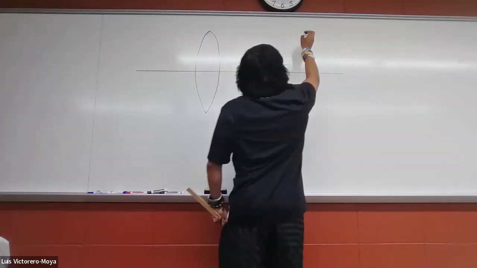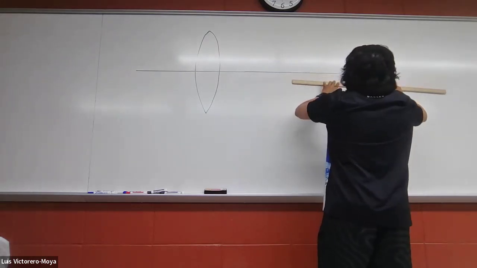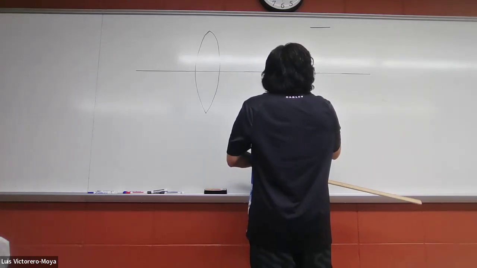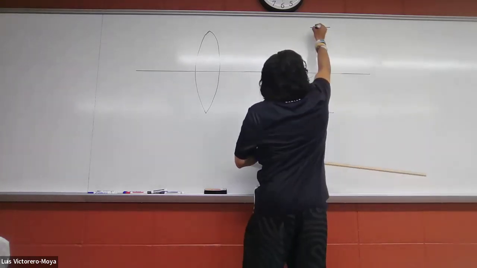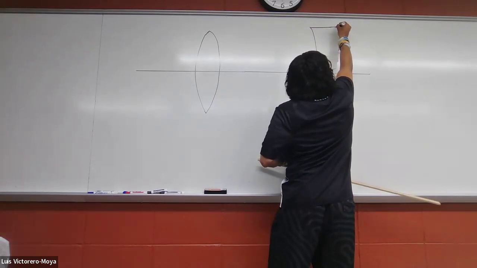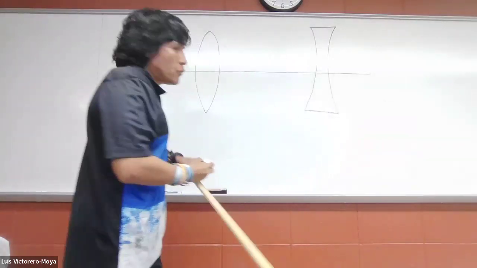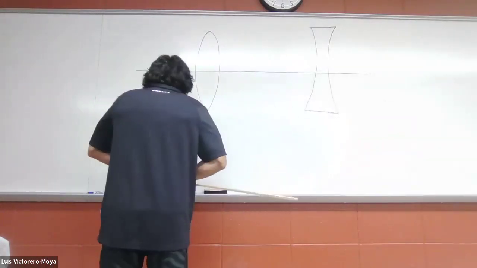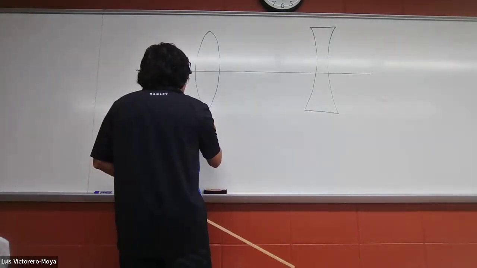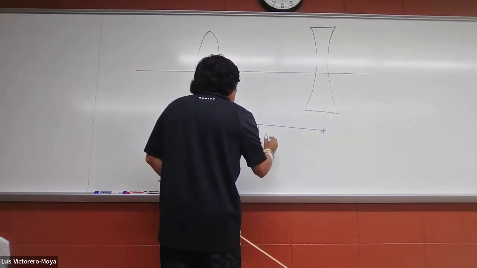And here. And they give you a few values. For example, that the distance between these lenses is of 1 meter.